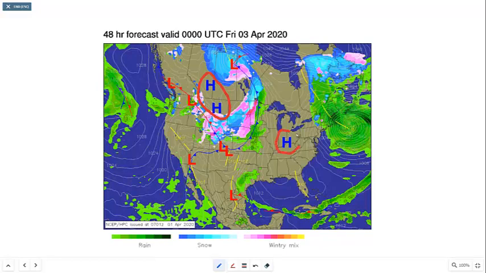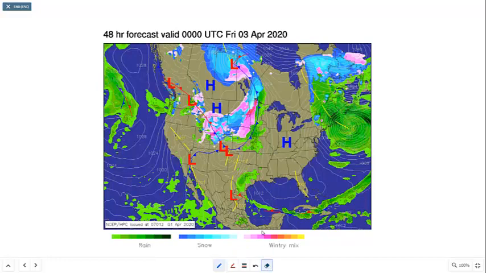This high pressure is going to be synoptic. So that's going to have upper air support with the ridge. This low pressure system is going to be synoptic, as well as the one up here. It's too early for the thermal low to establish itself in the southwestern part of the country.